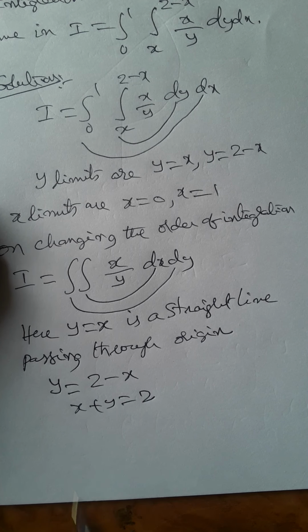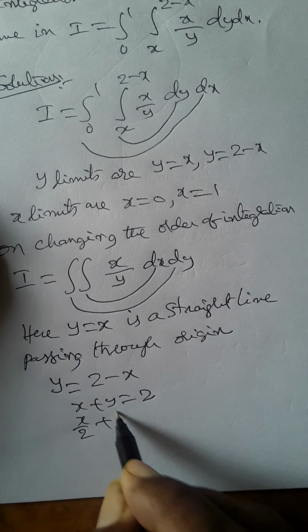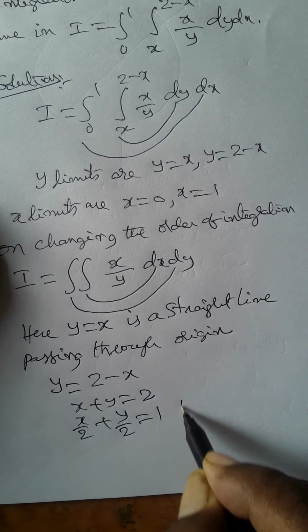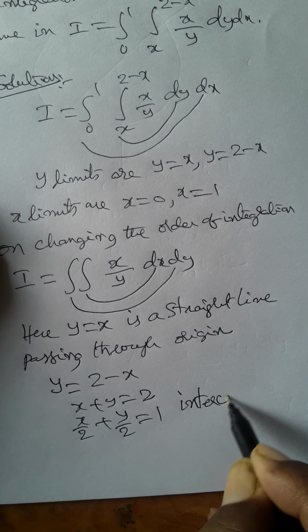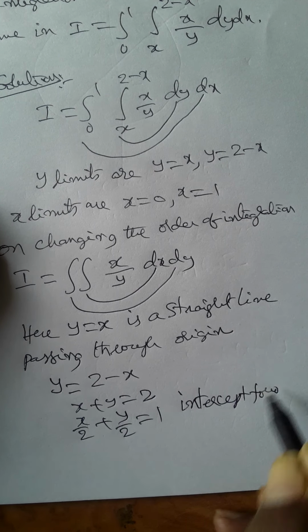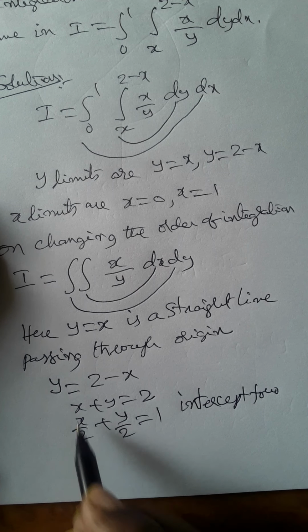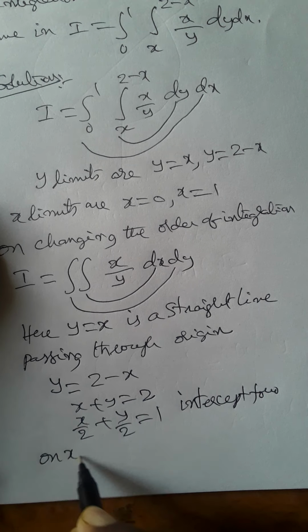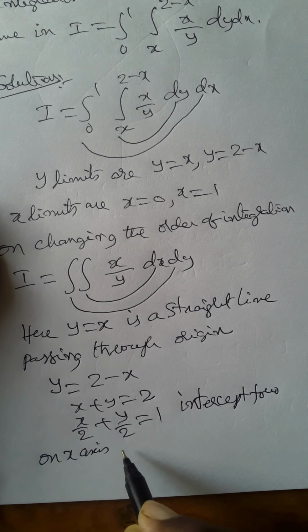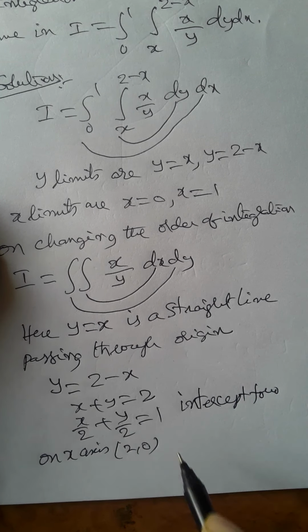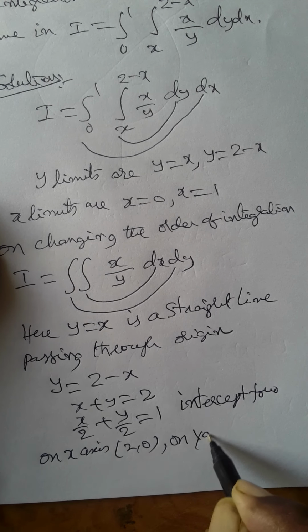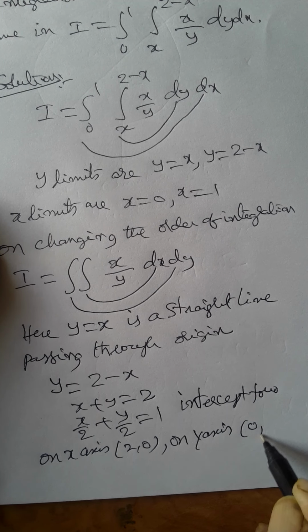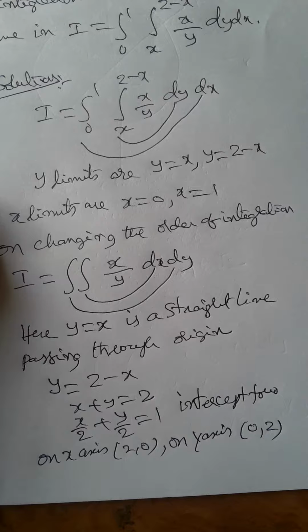Dividing, x by 2 plus y by 2 is equal to 1, the intercept form. On the x-axis the point is (2, 0). On the y-axis the point is (0, 2).